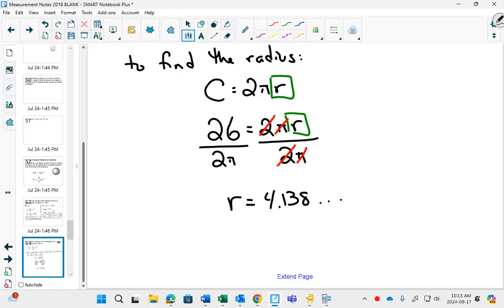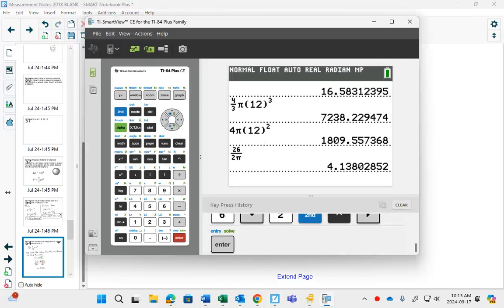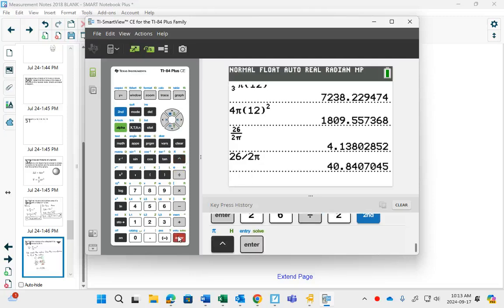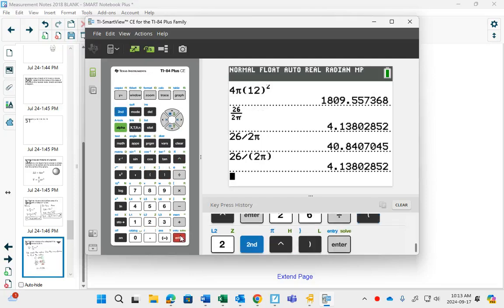If you got the wrong answer on your calculator, remember that if you just do divide by 2 pi, depending on your calculator, you might have gotten 40. Right? So if you're just typing divide like this, and you got 40, you're dividing by more than one thing, so you would need brackets there to make sure that you get the full answer.